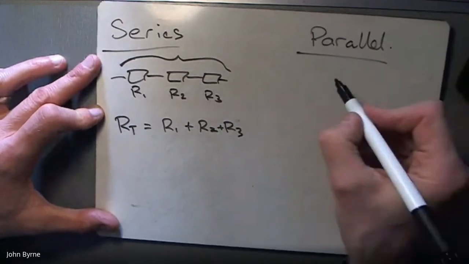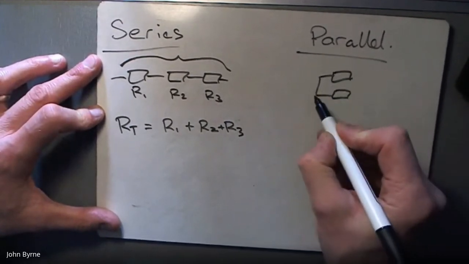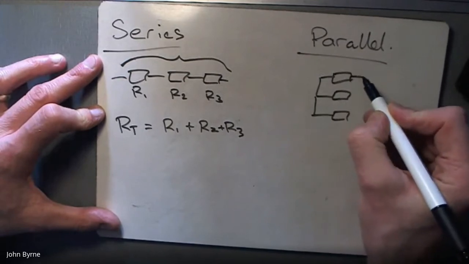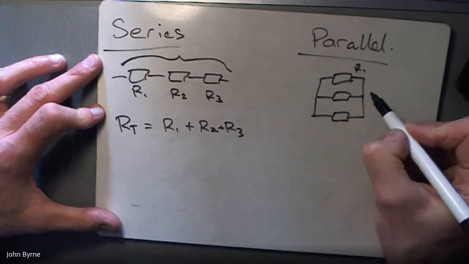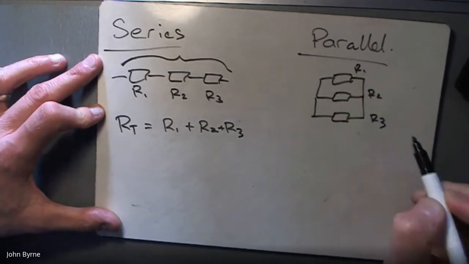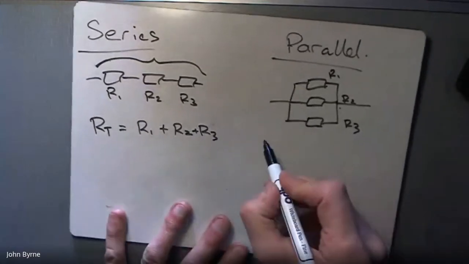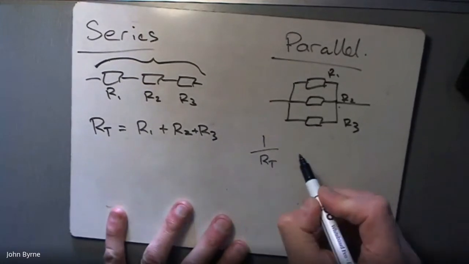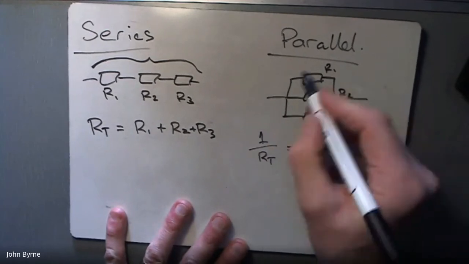All right, and then for parallel, there's a little bit more to it than that. So imagine you had 3 resistors in parallel. We'll call that R1, R2, R3. What would be the single resistor value for that? So the formula is a little bit more to it. So it's 1 over the total resistance, the single resistor.